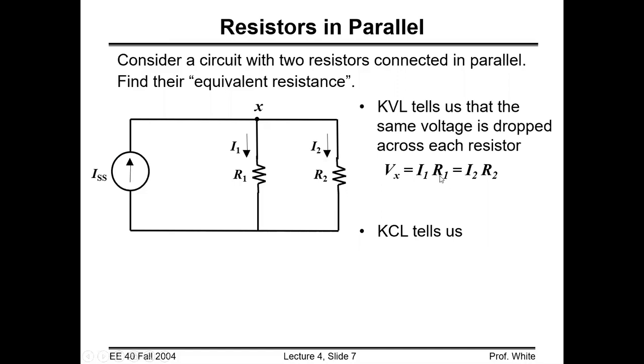I1 R1 means this voltage and this voltage are the same: V is equal to IR. This voltage is Vx, from this point to this point, so this voltage and this voltage are always the same.